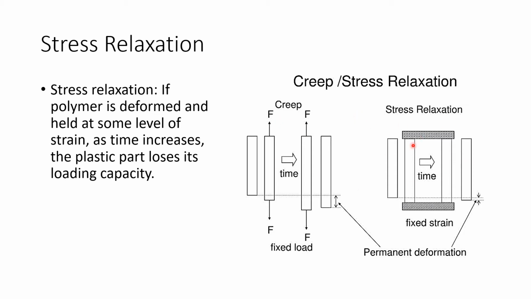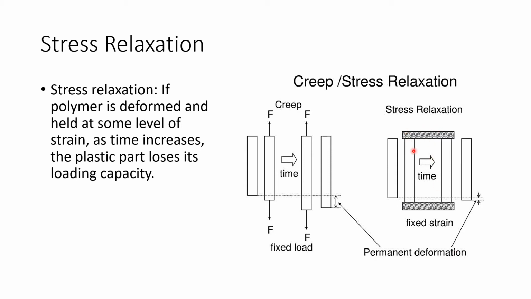So here, the creep and stress relaxation diagram. You can see here, this is our time, and we have a fixed load on it. And here you can see the permanent deformation happen because of that load over time. In stress relaxation, time is going, and a fixed strain is on it, and it's been held for some time. And you can see the permanent deformation.